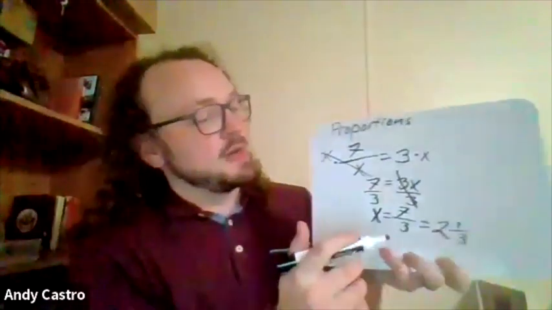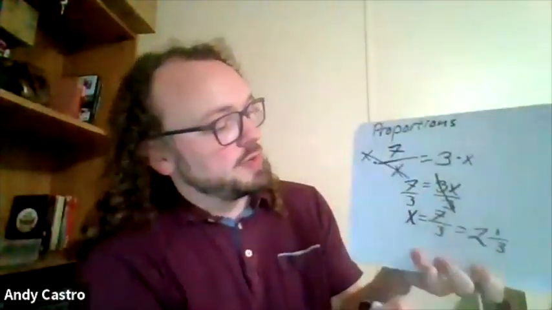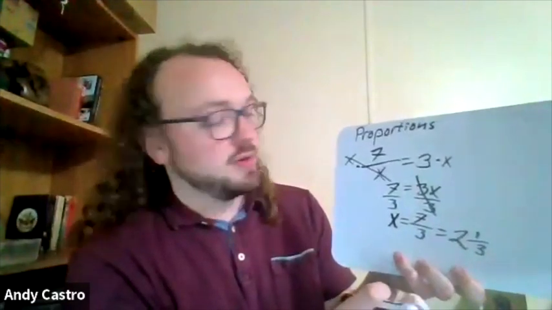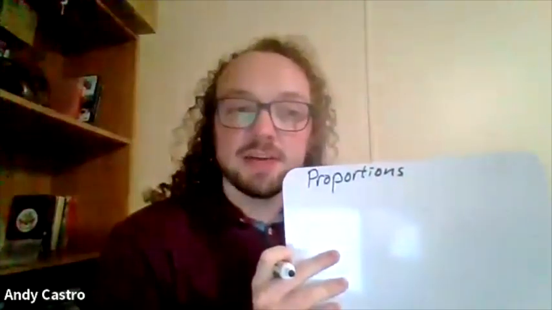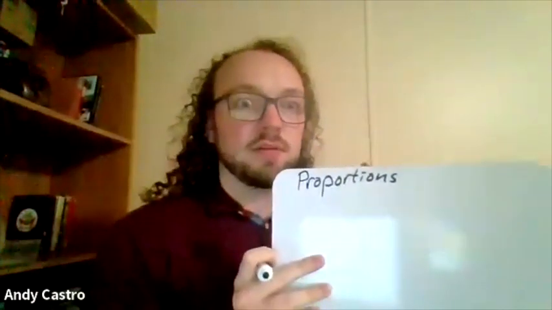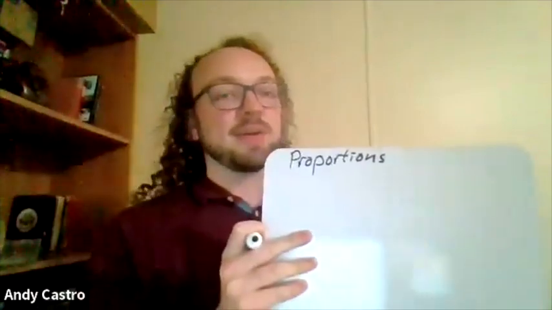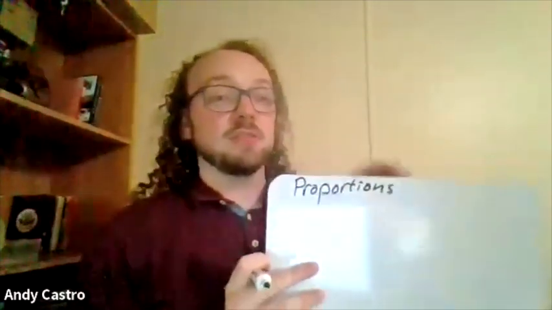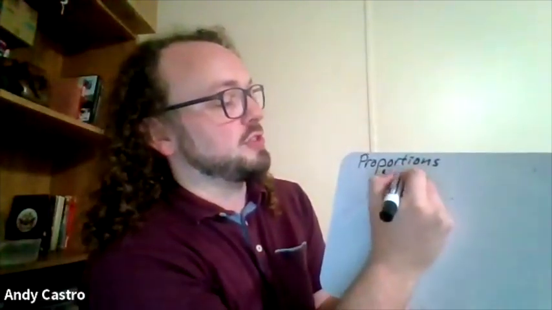Okay, so what if we take it one step further? We've had x in the numerator, we've had x in the denominator, but the other sides have always been one number, just the numerator. Now we're going to have a fraction equal to a fraction, and that's what proportions are.